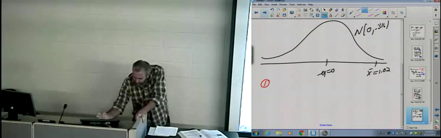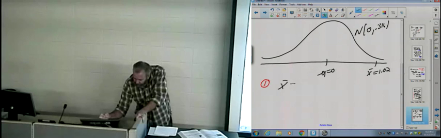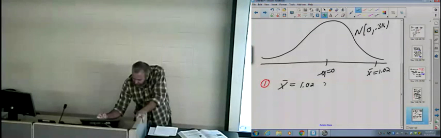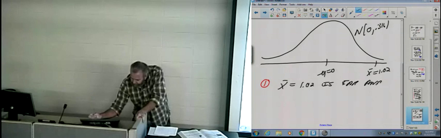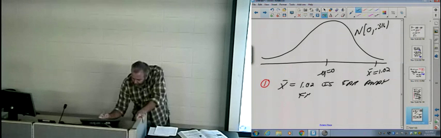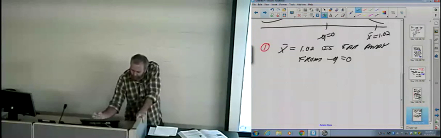1. X bar equals 1.02 is far away from mu equals 0. 2.